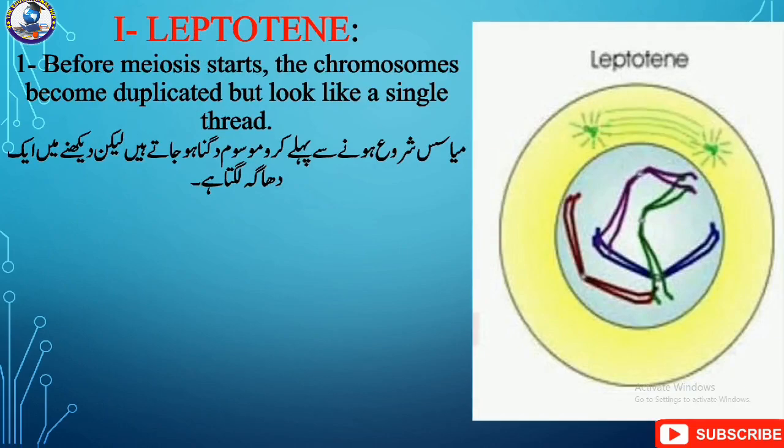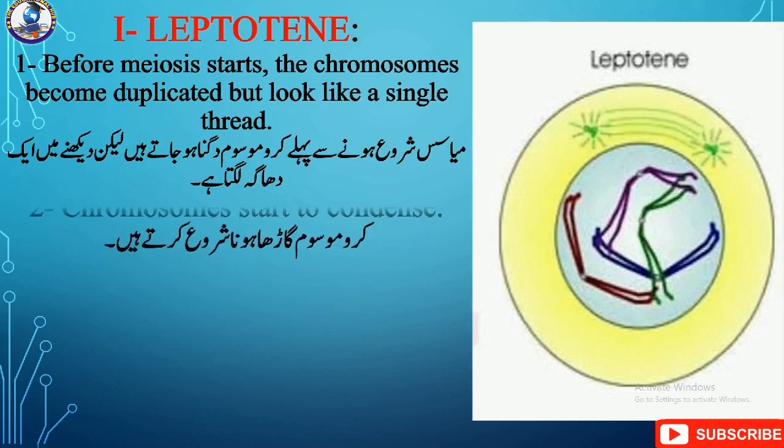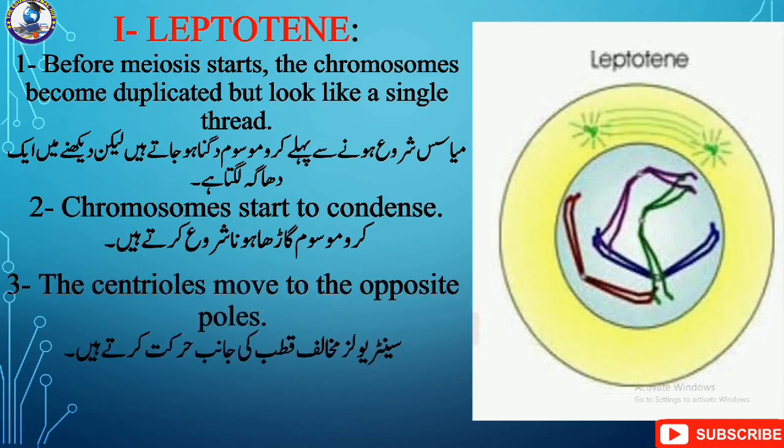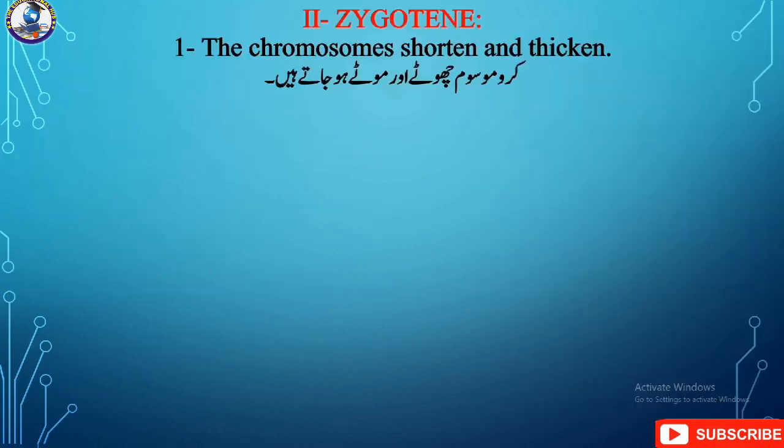The first substage of prophase is leptotene. Before meiosis starts, the chromosomes become duplicated but look like a single thread. Chromosomes start to condense. The centrioles move to the opposite poles.